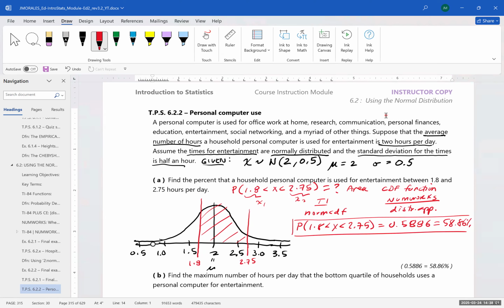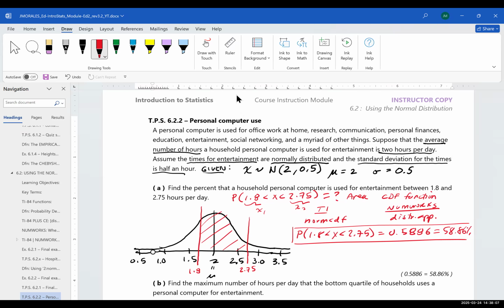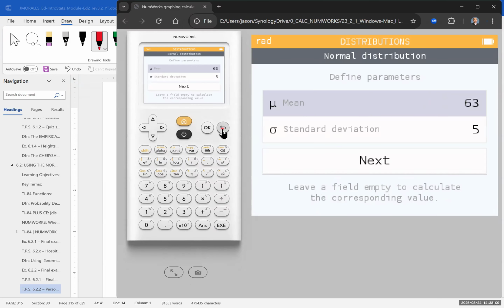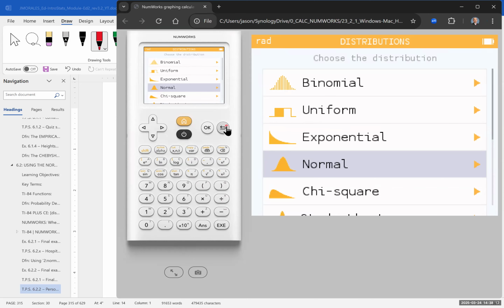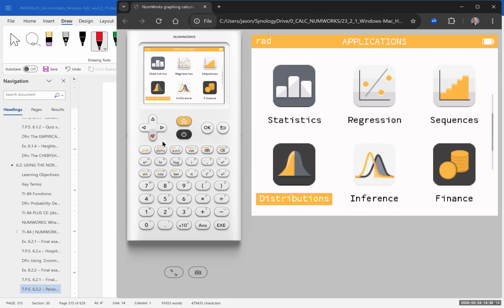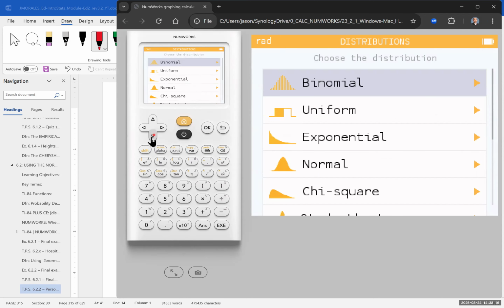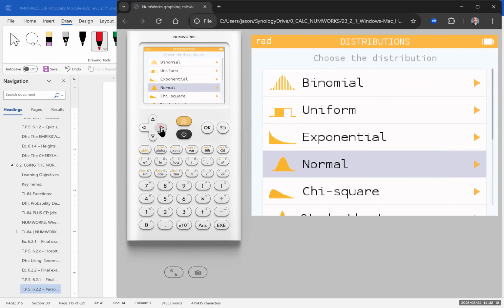All right, let's check that here on the NumWorks calculator. So let's come back out. We want to go to the distributions app. Normal distribution.